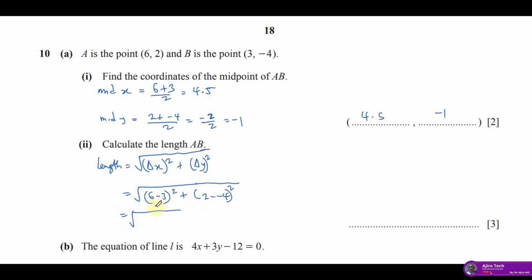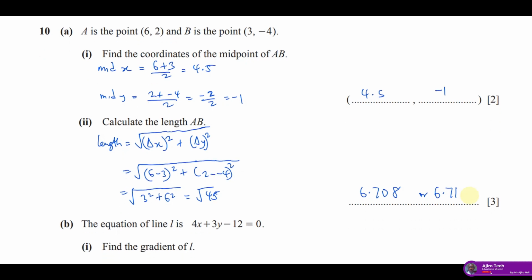The square root of 3 squared plus 6 squared is the square root of 45, which gives us 6.708, or 6.71 as the length.